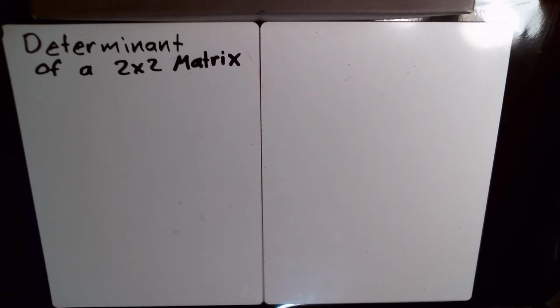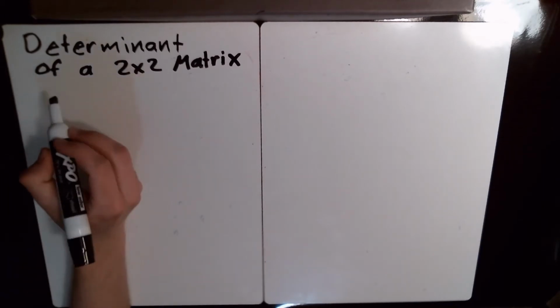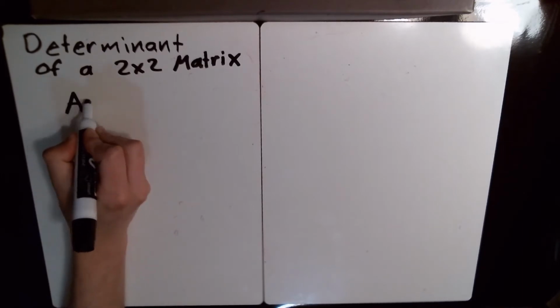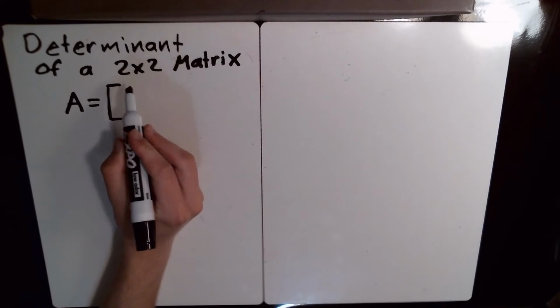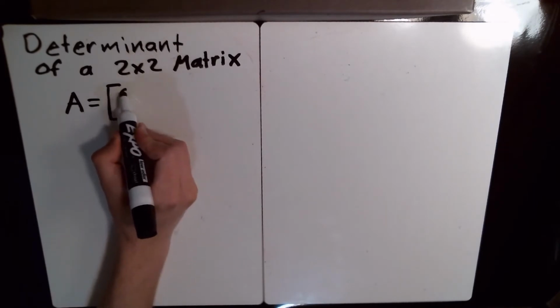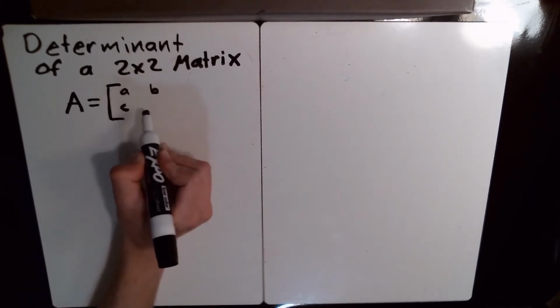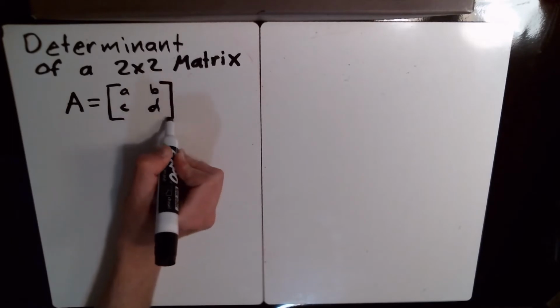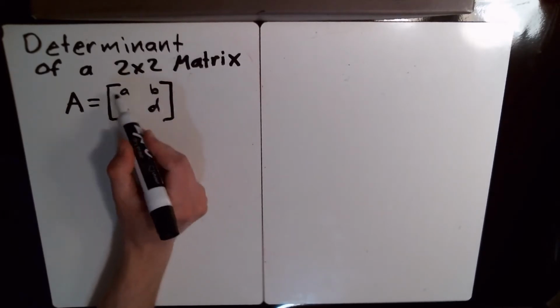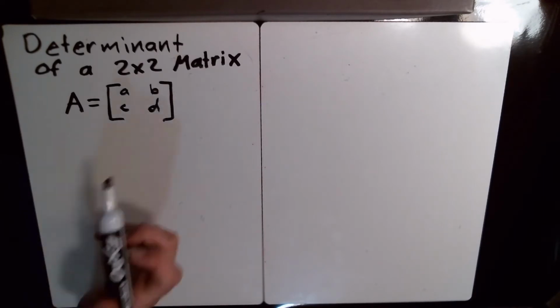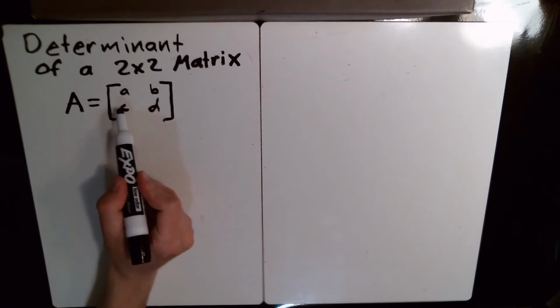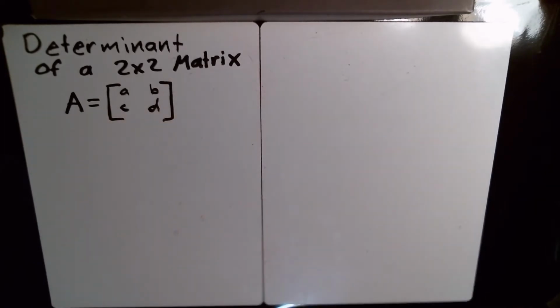Let's say that we have a matrix, we'll call it big A, and it has entries A, B, C, D. These are just letters, variables representing numbers. So you have a matrix that's 2 by 2 like this, 2 rows, 2 columns.